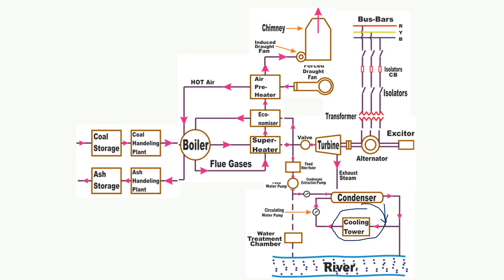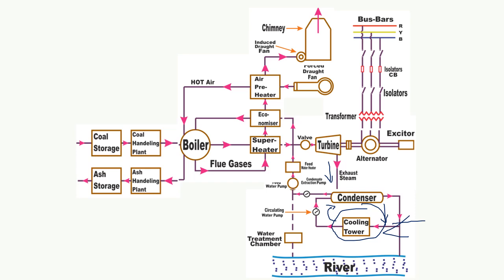Now the steam coming out of the turbine has heat energy, and it needs to exchange its heat. So there is direct contact. The cooling tower pumps in the outside air and gives direct contact with the steam, so that the steam can exchange its energy and get converted into water. This is the function of your cooling tower.